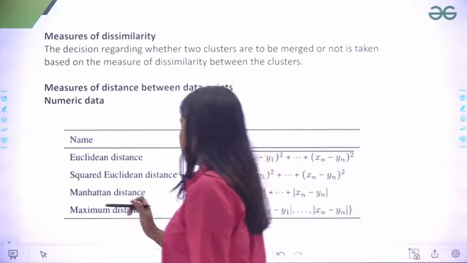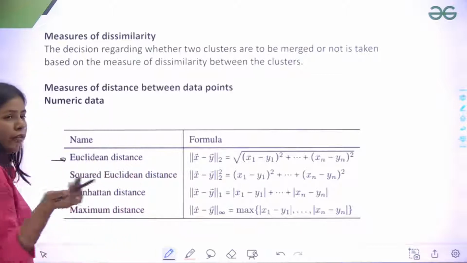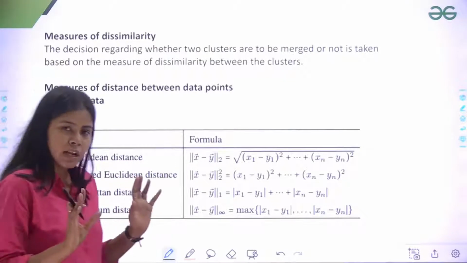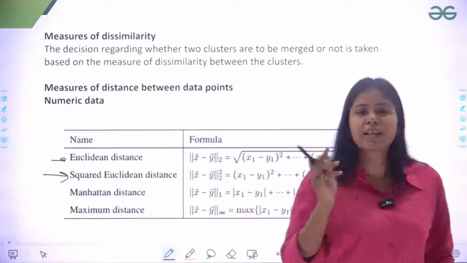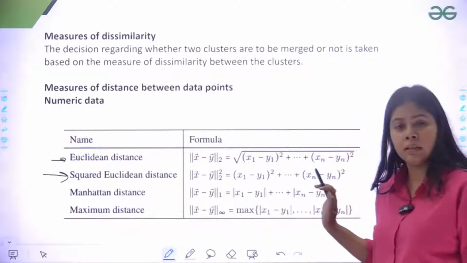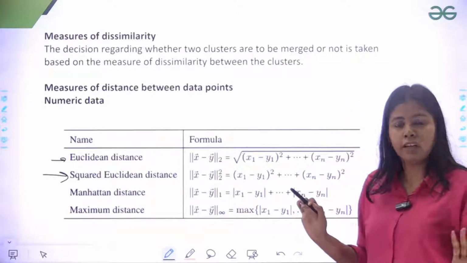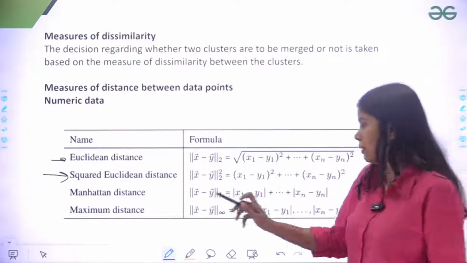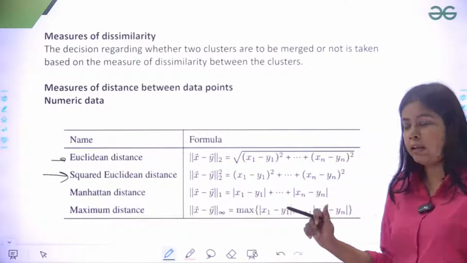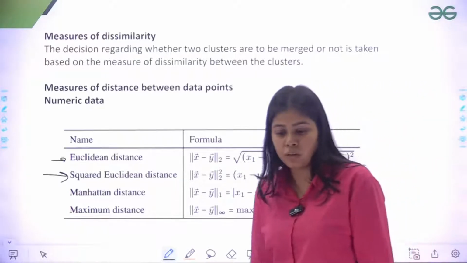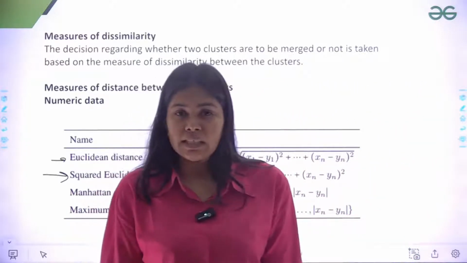Euclidean distance we have already used in all the methods. For squared Euclidean distance, I just take the square of the distances so that I do not have to take a square root. Manhattan distance is the modulus of differences of all the coordinates. And maximum distance is the maximum of the moduli, |x1 - y1|, |x2 - y2|. So these are the distances I have.